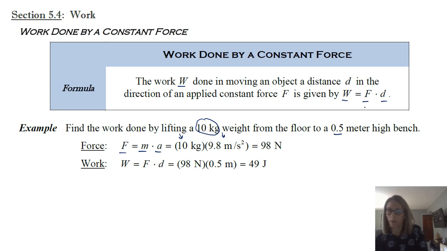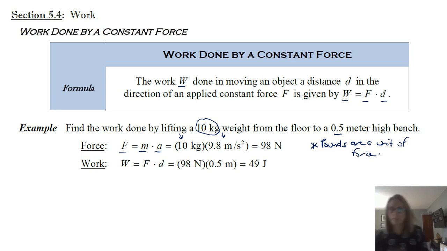However, I want to make a note here that when we see things in pounds, so our system in the United States is pounds, pounds are a unit of force.